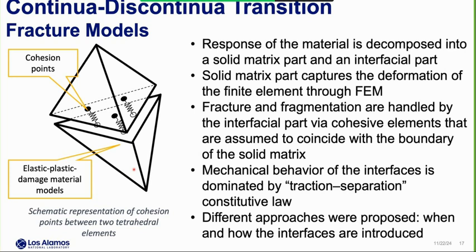The fracture and the fragmentation are handled by the interfacial part via the cohesive element. And the mechanical behavior of the interface is dominated by the so-called attraction and separation constitutive law, and I will show you some track curves later.